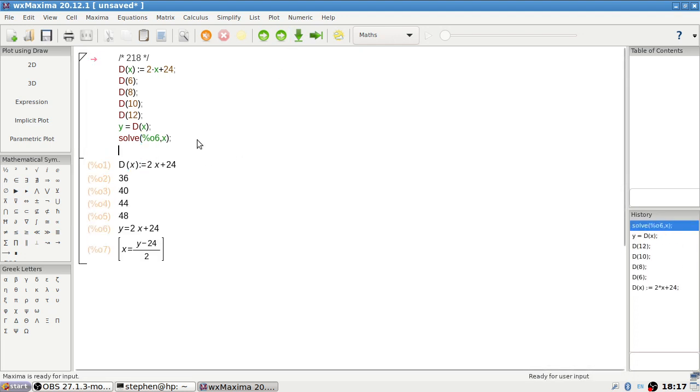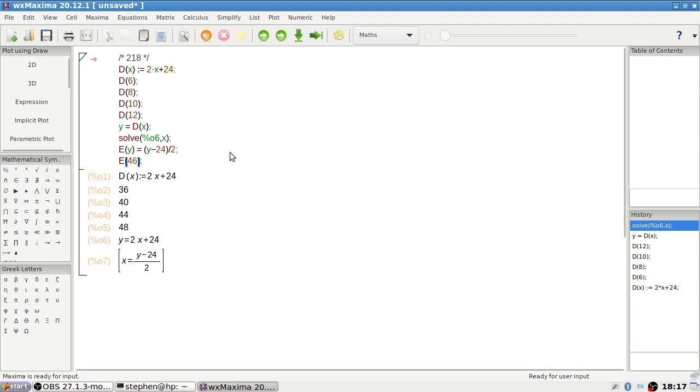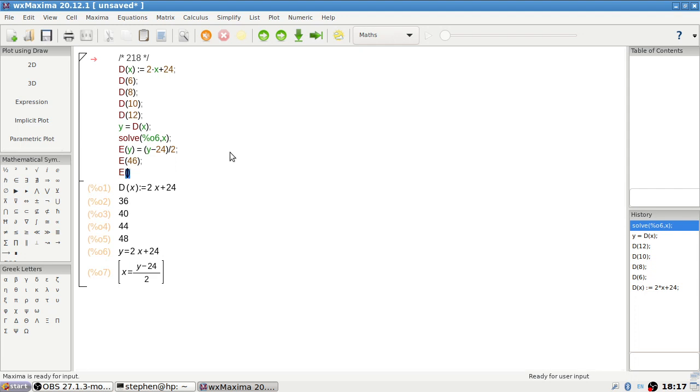Then we can make the inverse function, we'll call it e. That's equal to (y minus 24) over 2. And then, no doubt, we'll have to use 46, 52, 62, and 70.